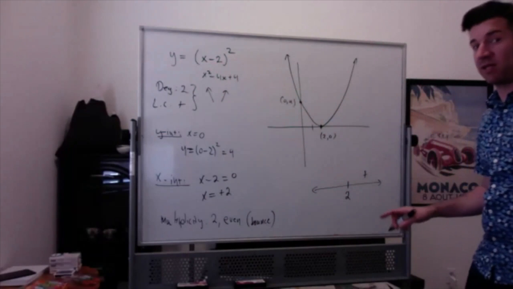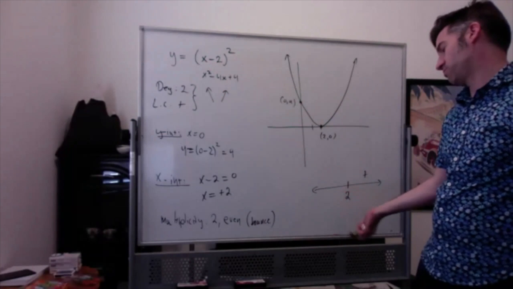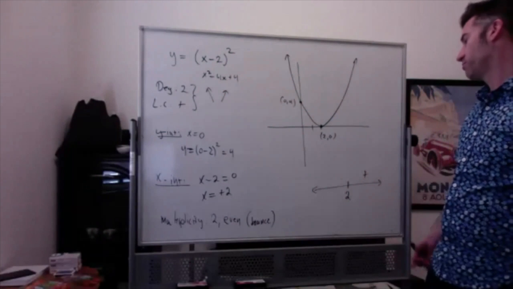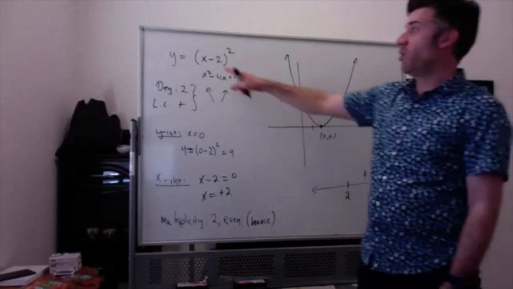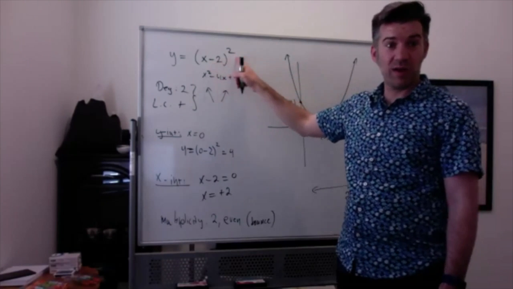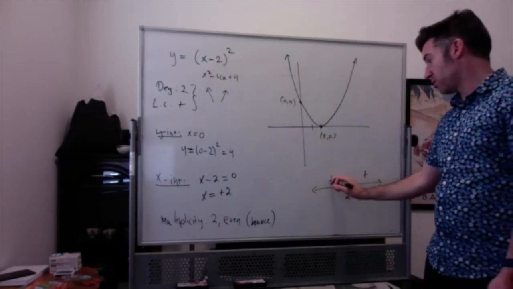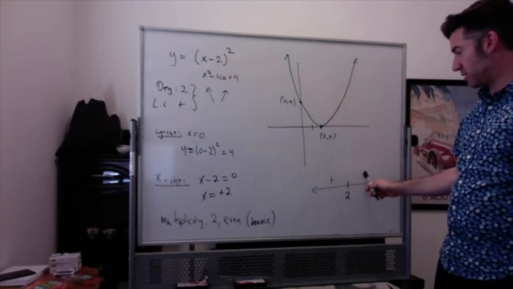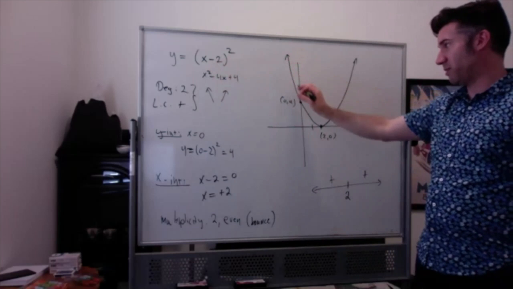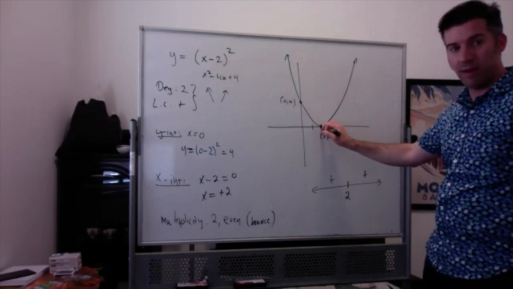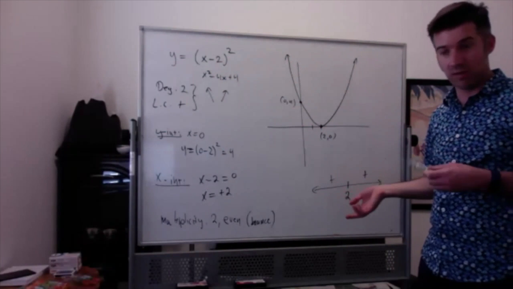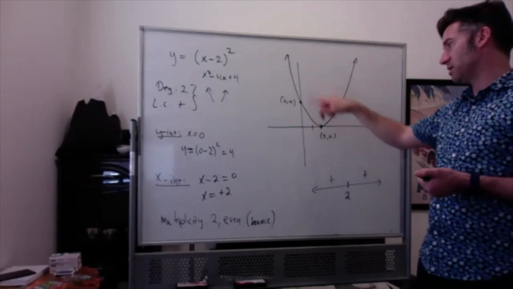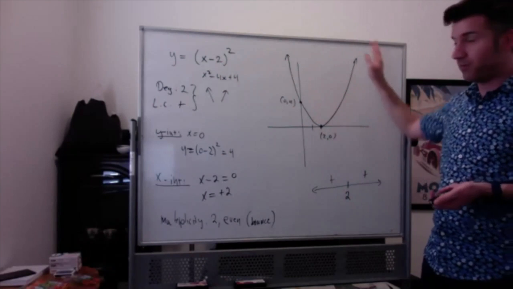If we pick 1, 1 minus 2 is negative 1, but negative 1 squared is still positive. So we're bouncing off because we're staying the same on either side. We're positive, positive, hit 0, and then bounce off and stay positive. So we're going to use the multiplicity to see what happens around each x-intercept.